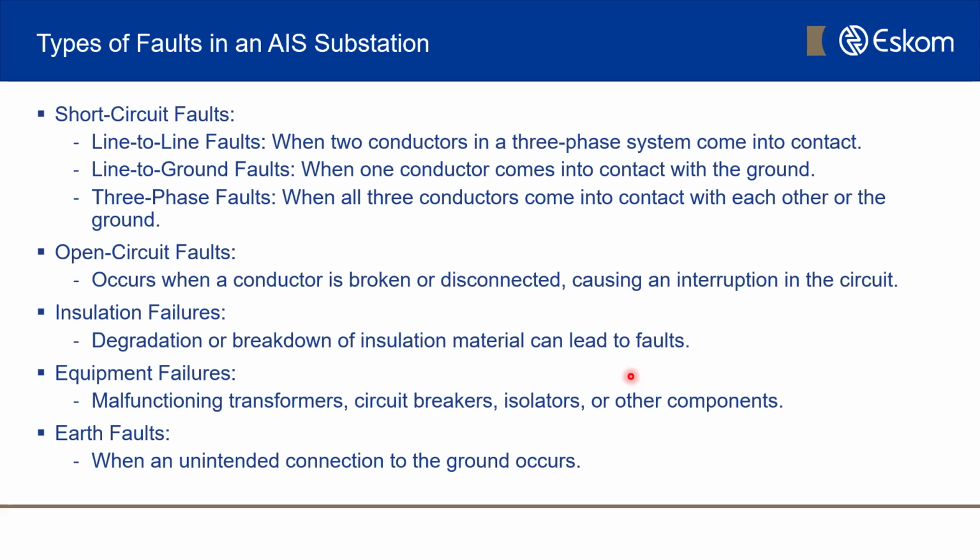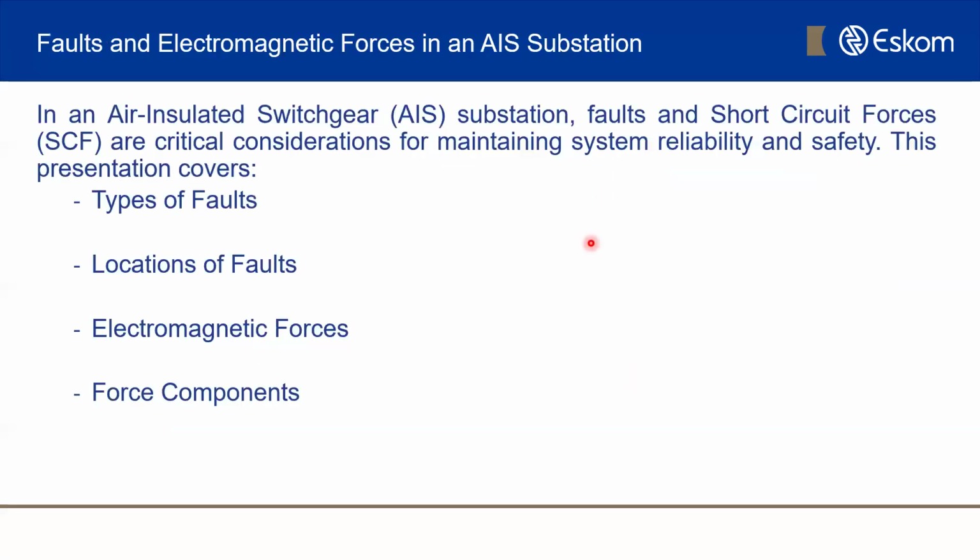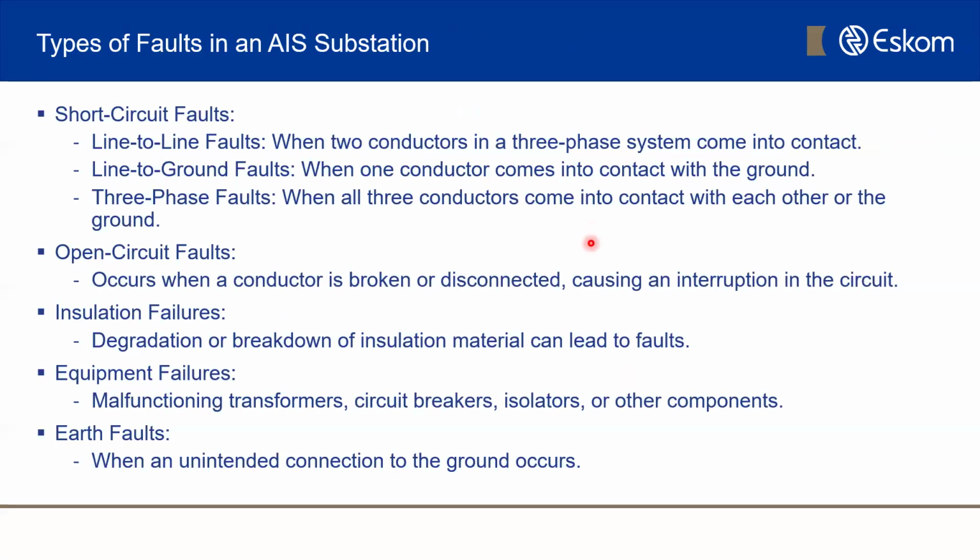And finally, in the short circuit faults, you'll get a three-phase fault. As I showed you, there were three lines in the previous slides, and those three lines depict three phases. When all three of these phases get close to each other or come into contact with each other, this creates the three-phase fault, as you can see with those three lines there.